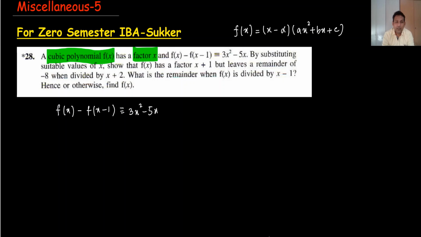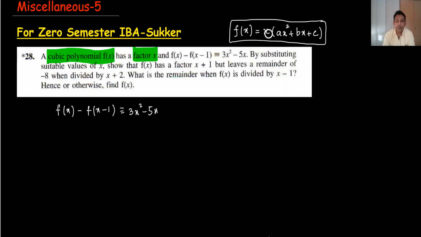So according to this question, the one factor is x, I will write here only x, and this is the quadratic factor, so I will write it as ax squared plus bx plus c. This is our actual cubic polynomial. One factor is given, which is x, but the quadratic factors are not given.